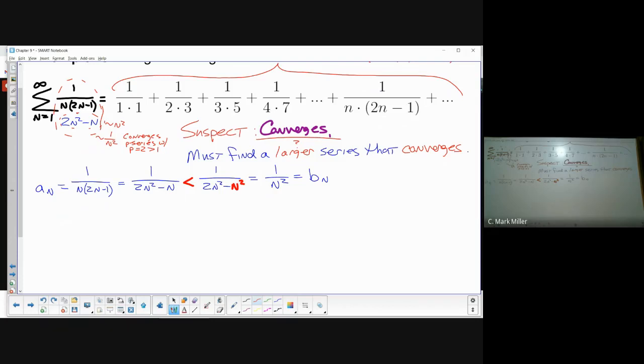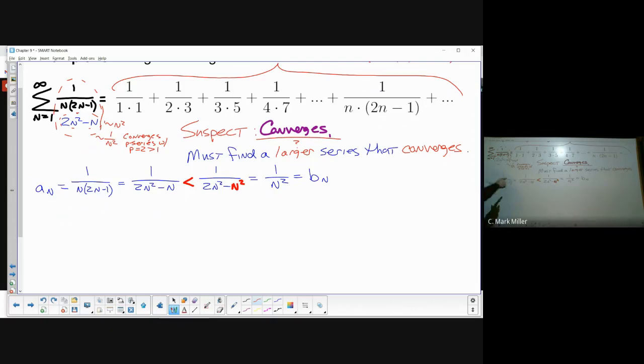What I want you to see is that if I would have knocked this n off, that would have made the denominator bigger. All right?